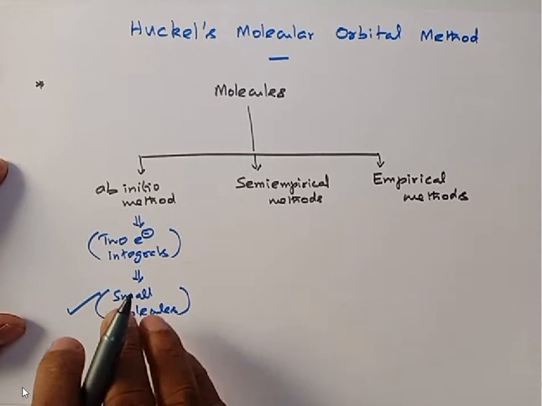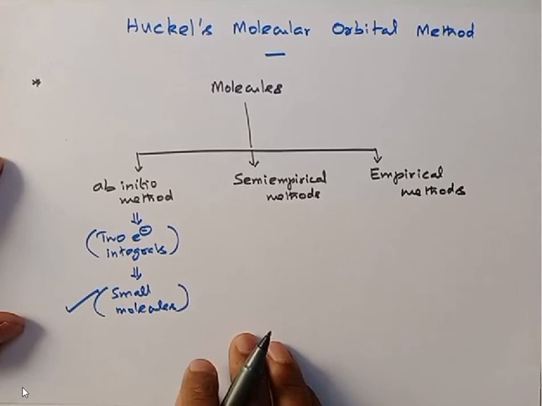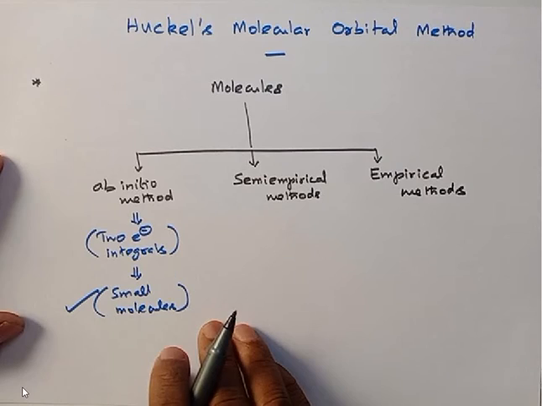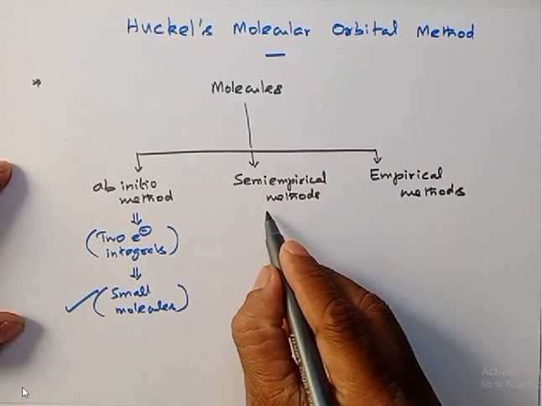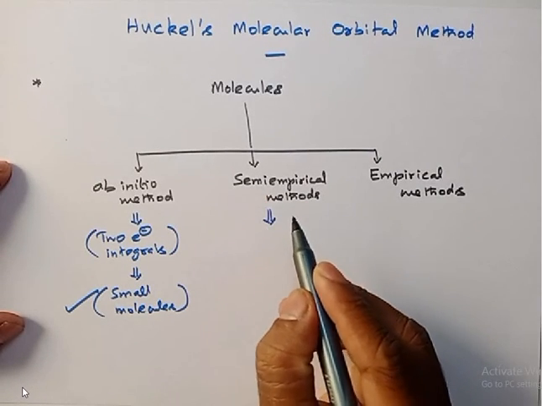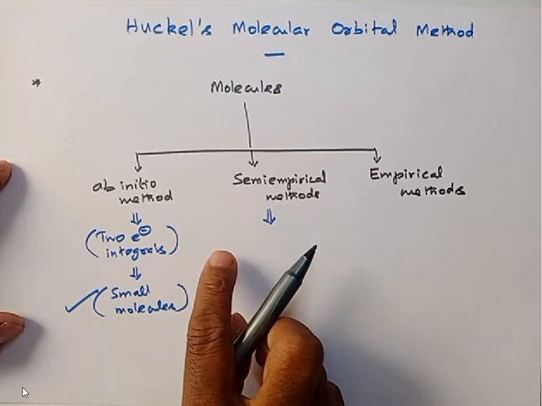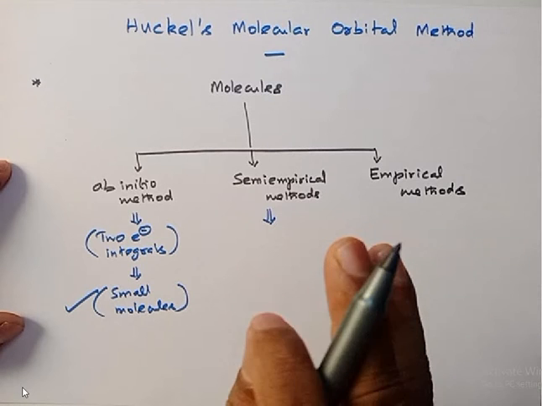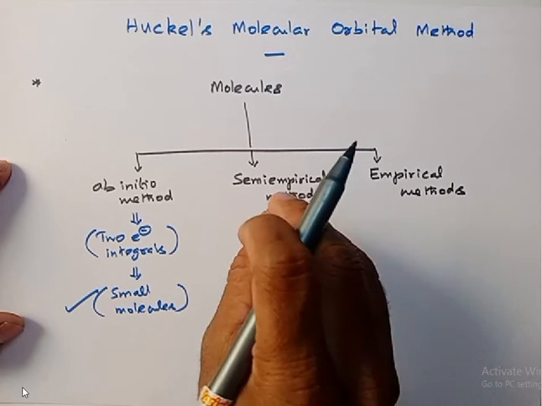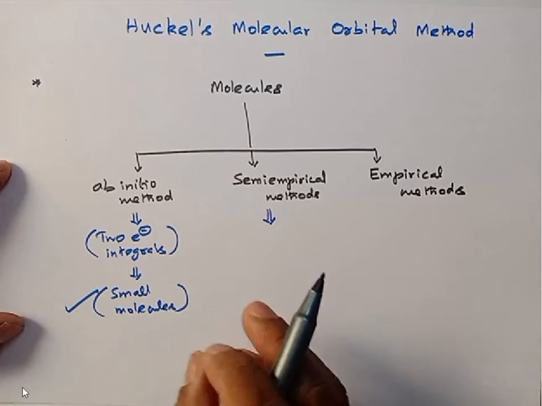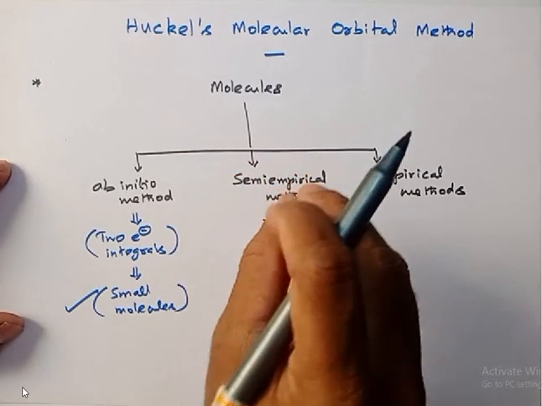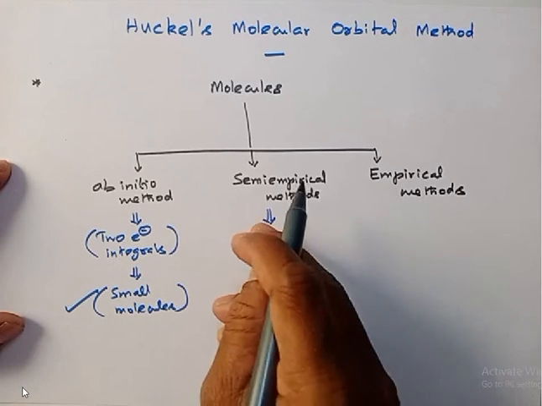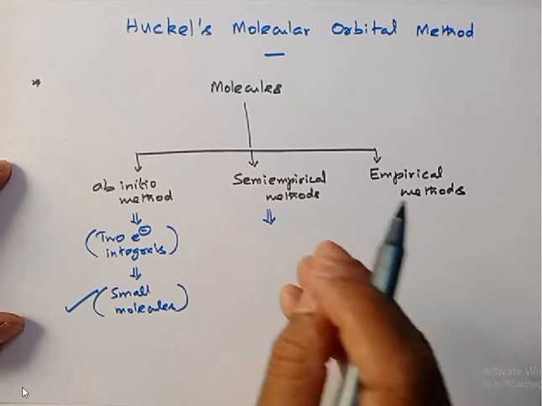Then the second treatment that is available is semi-empirical treatment. In semi-empirical treatment, almost all two electron integrals are given some value just to fit the experimental data. For two electron integrals, people will use some values; the values are parameterized.